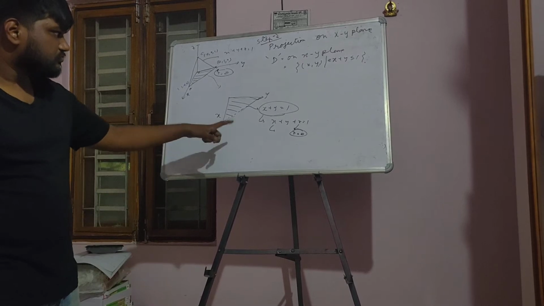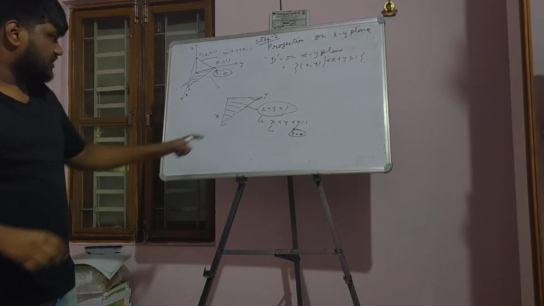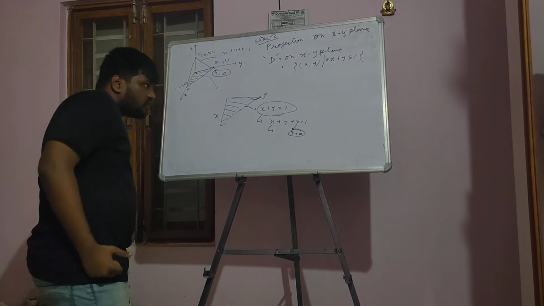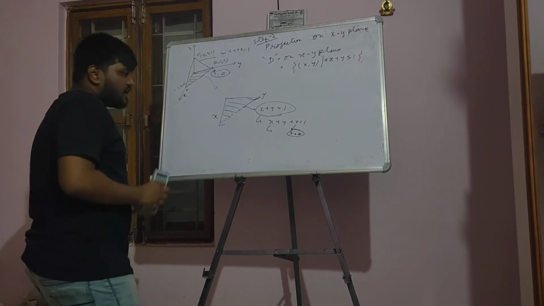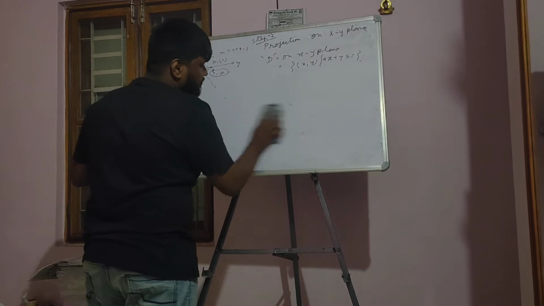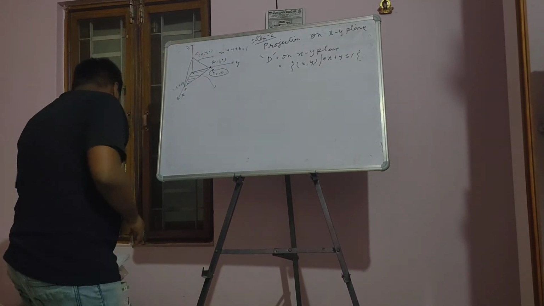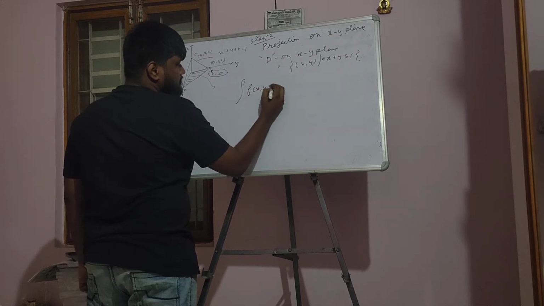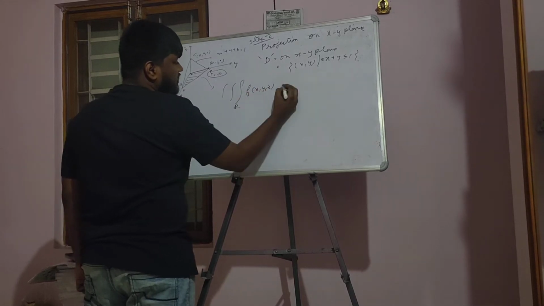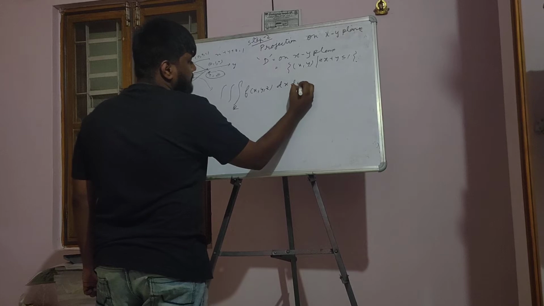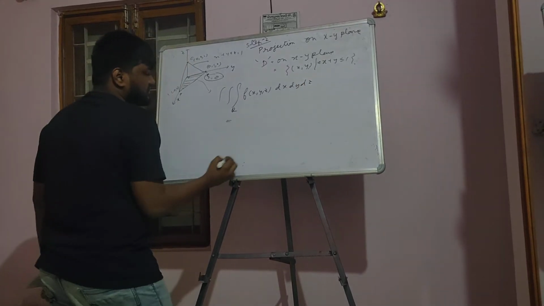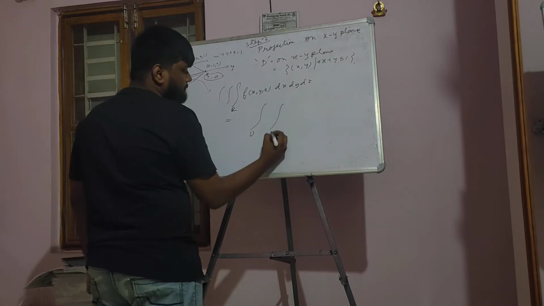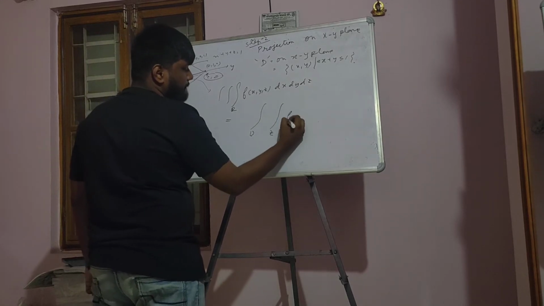So this is our D. And now our region R. As I said, if you want to compute the integration inside the region R, you will integrate with respect to D and with respect to z.